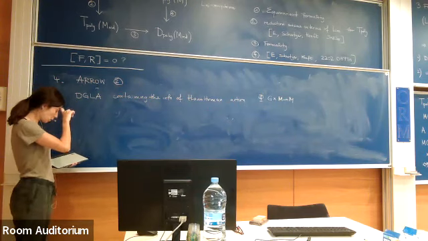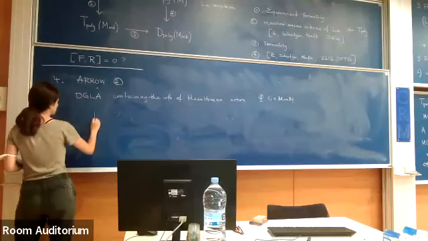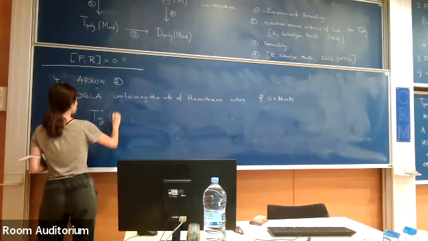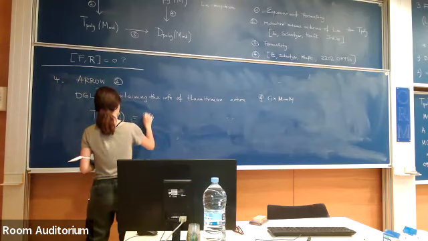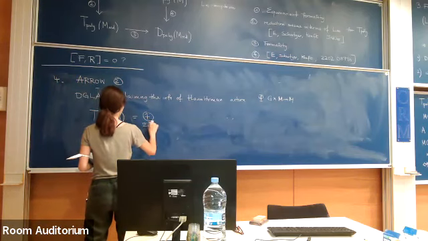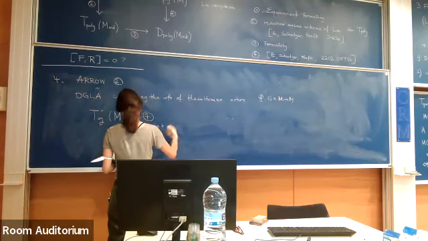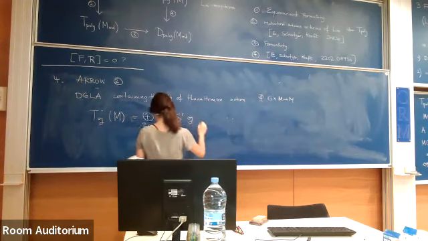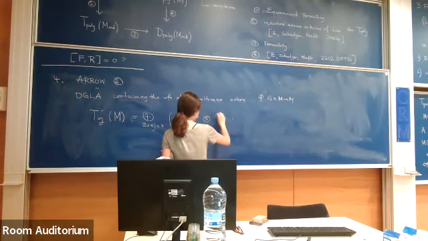Okay, so how do I do that? So I define another graded vector space as follows. Let me write, and then I try to explain properly.